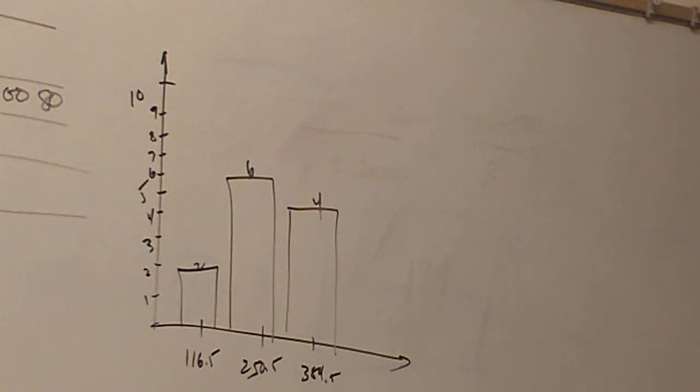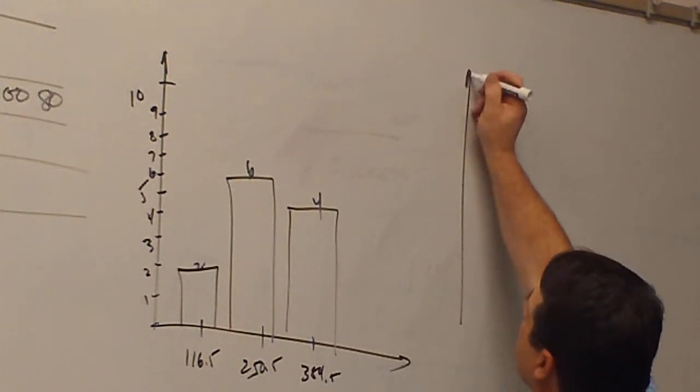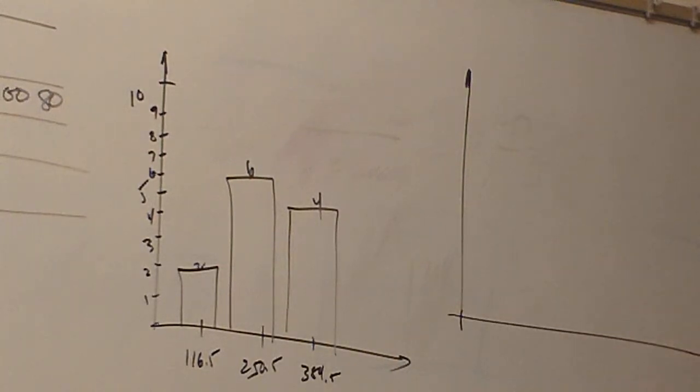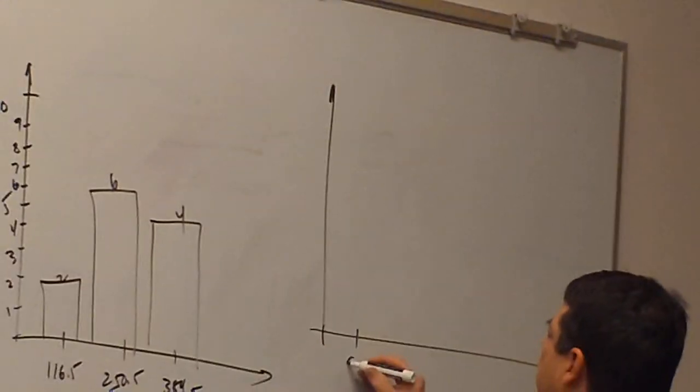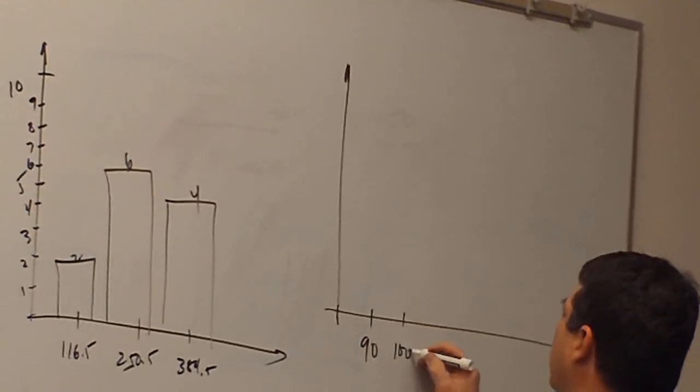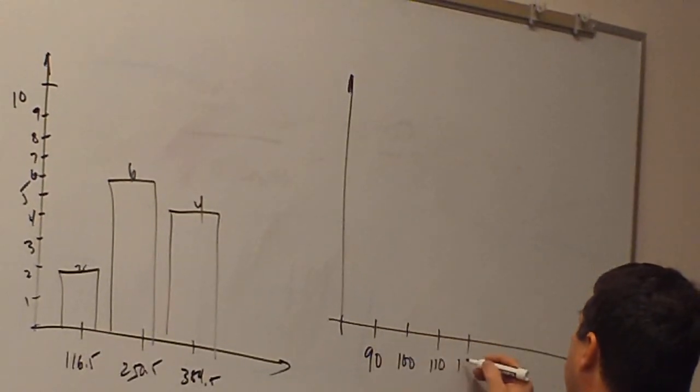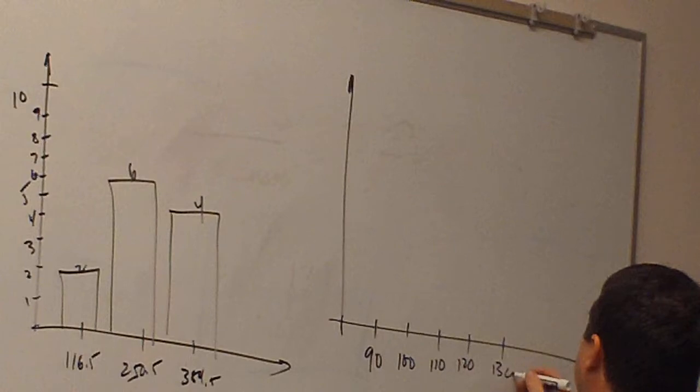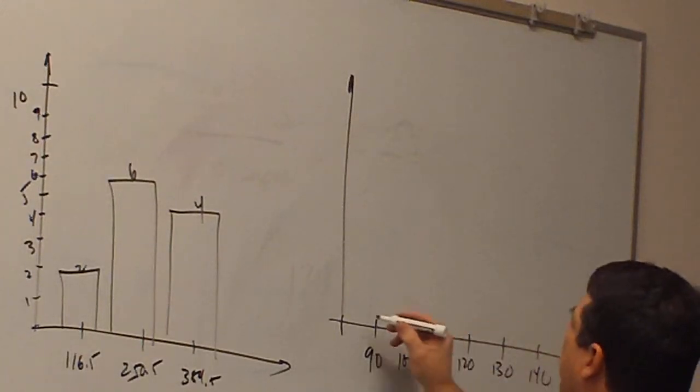Now, just for funsies, totally different problem. Let's say we were dealing with blood pressure. Across the axis here, we have 90, 100, 110, 120, 130, 140.